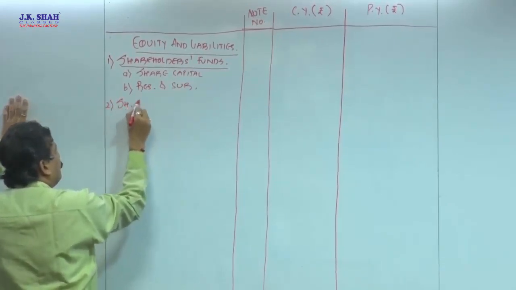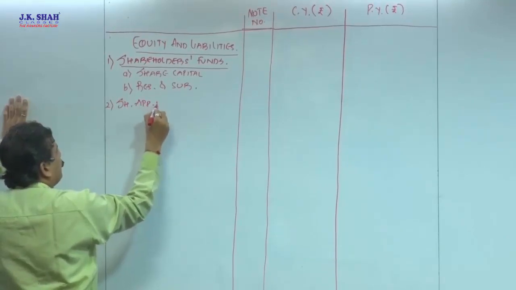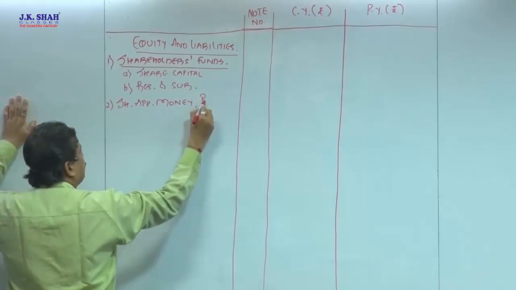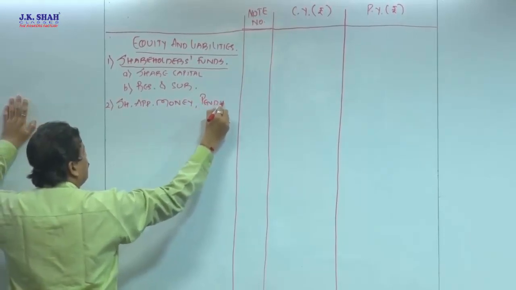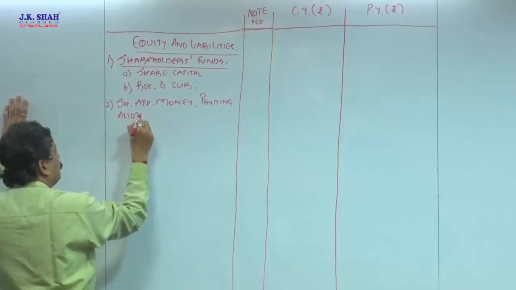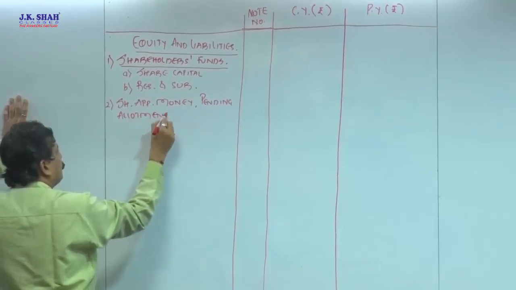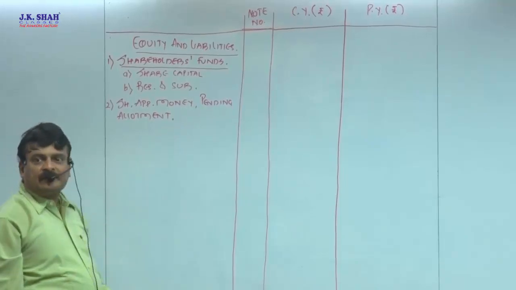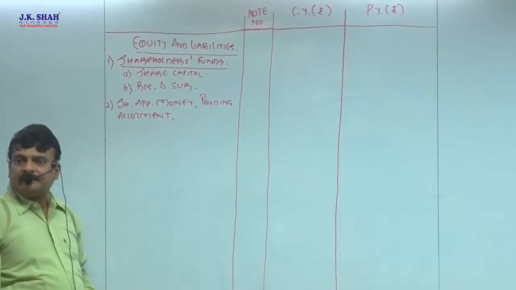The second head will be share application money pending allotment. You studied that in CPT accountancy also.